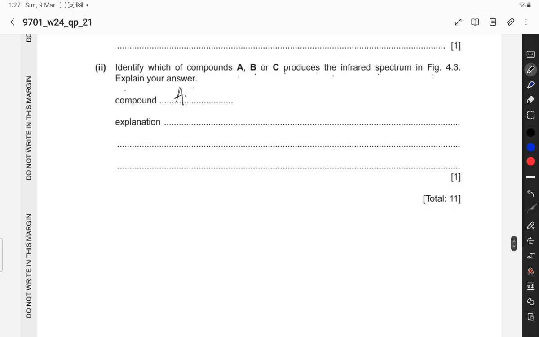So absorption at 2200 to 2250 indicates nitrile.